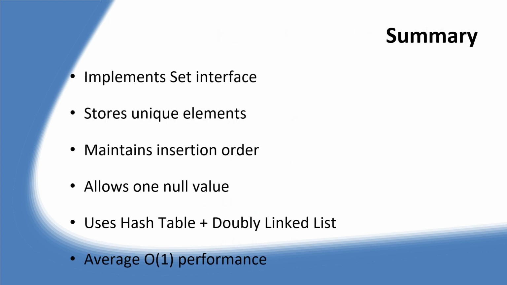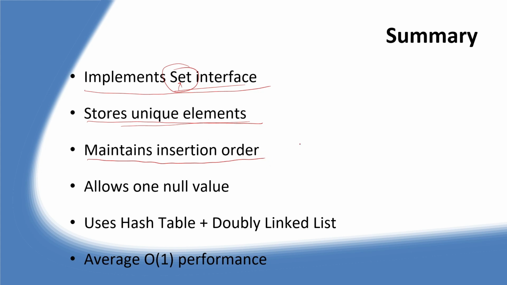So let's quickly summarize what we have learned so far. LinkedHashSet implements which interface? Set interface. It stores unique elements. Since LinkedHashSet implements the Set interface, it has the property of the Set interface, that is storing unique elements. It maintains insertion order. Why is it maintaining insertion order?